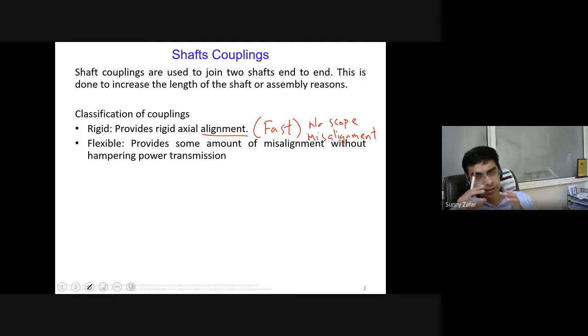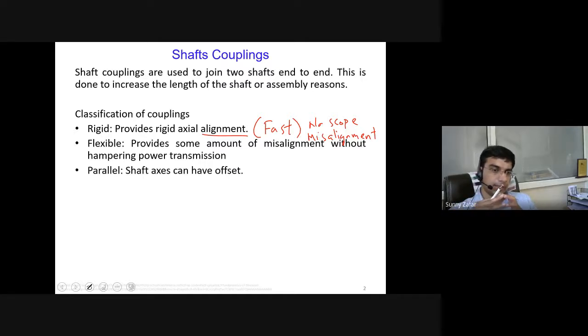Not only metallic components are used, there are some non-metallic components in the flexible coupling. For example, the bushes can be made of leather or rubber, synthetic rubber. Since they are a flexible material, they give this coupling the capability to accommodate the misalignments.